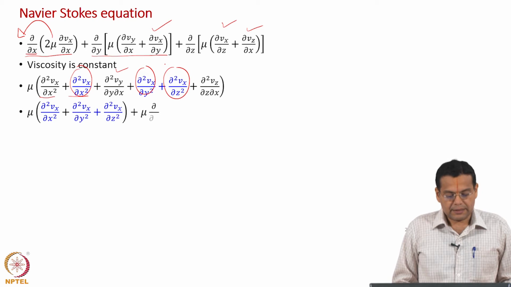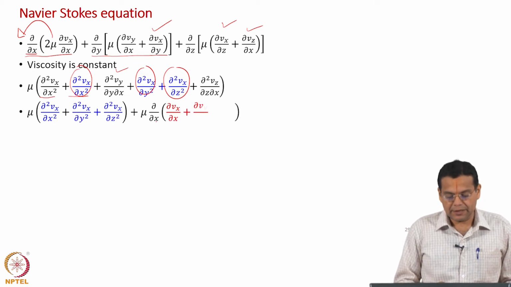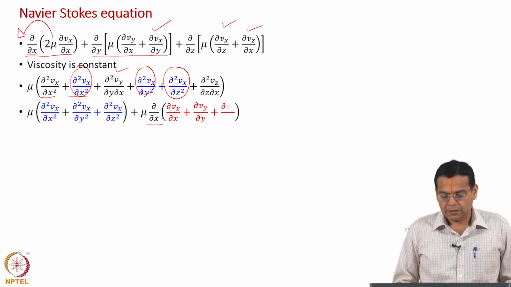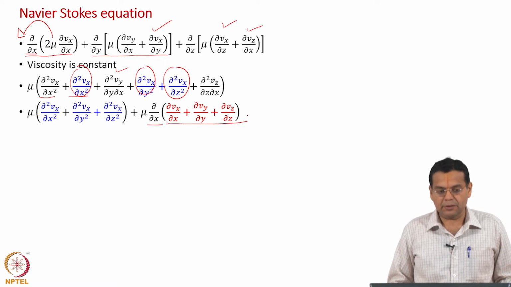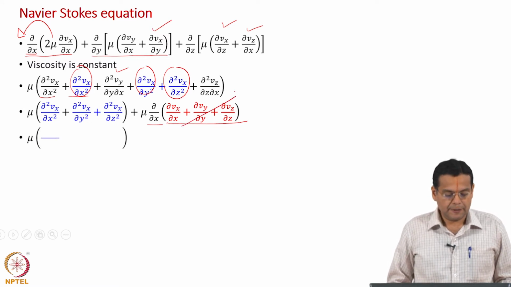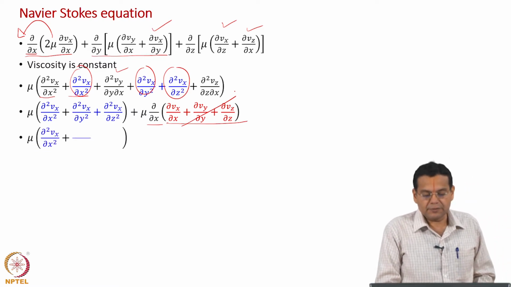And then from the remaining terms we will take out dou by dou x, and what is left out are these 3 terms, dou v x by dou x plus dou v y by dou y plus dou v z by dou z, of course, which is the divergence of velocity field, and we are considering incompressible flow, which means this is 0. So, we are left with only the first 3 terms alone.